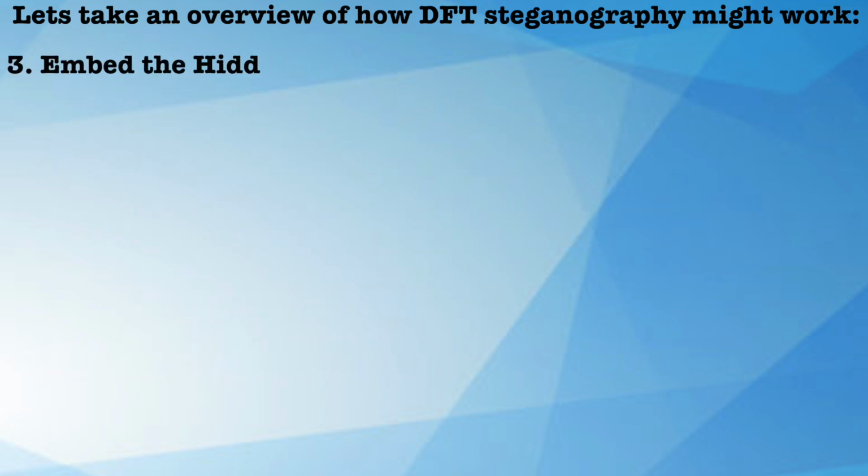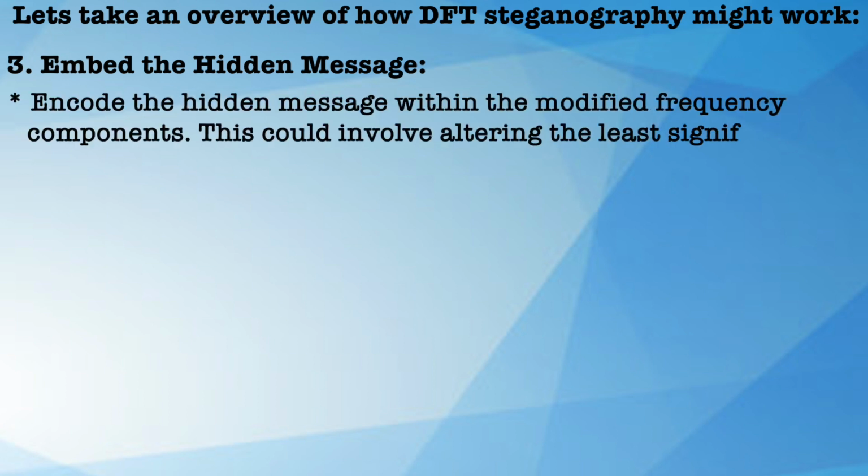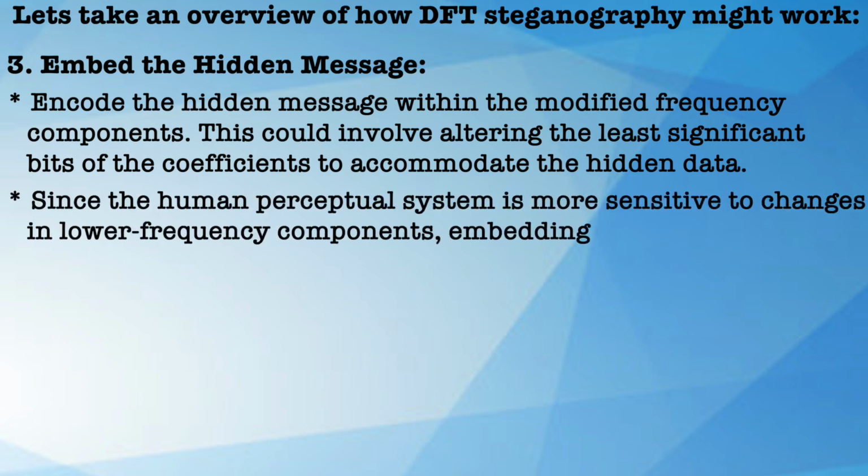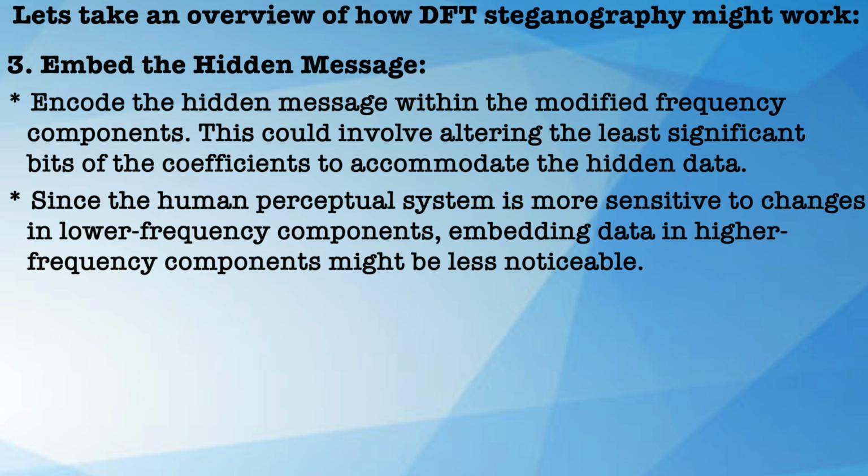The third point is to embed the hidden message. Encode the hidden message within the modified frequency components. This could involve altering the least significant bit of the coefficient to accommodate the hidden data. Since the human perceptual system is more sensitive to changes in lower frequency components, embedded data in higher frequency components might be less noticeable.